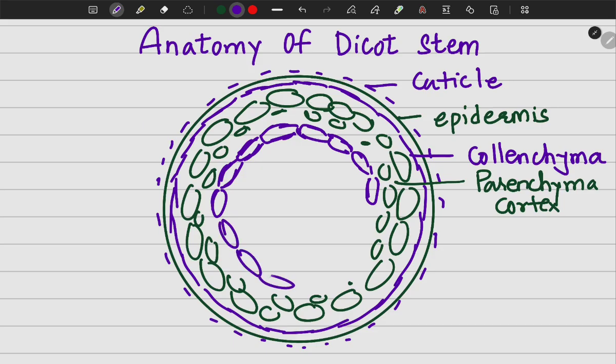So we will have endodermis here, and the cells of the endodermis have starch grains. These starch grains are present in the cells of endodermis, and therefore this layer of endodermis bearing starch grains is called starch sheath.